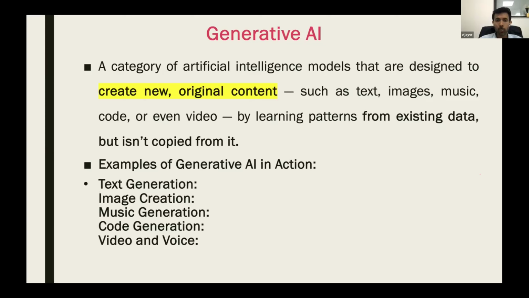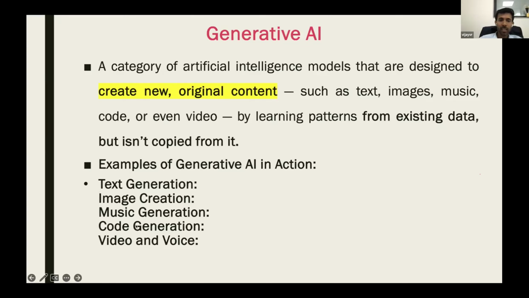Even images, you might have seen deepfake images, right? All these things can be generated based on the data it already has. It is not just a copy of other things. The machine is automatically generating something new that does not exist now, not just copy paste.